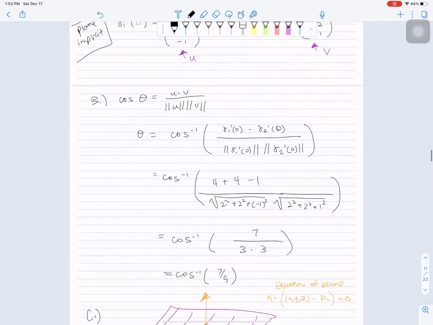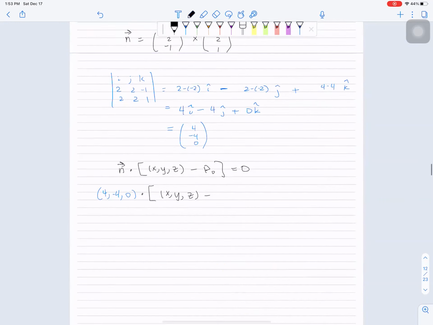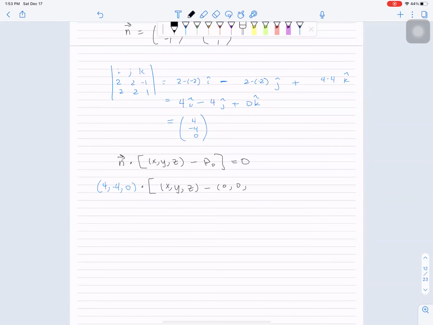So let's plug in the origin for my point, 0, 0, 0. That means I have 4, negative 4, 0 dot with x minus 0, which is x, y minus 0, which is y, z minus 0, which is z. So I have 4x minus 4y plus 0z equals 0. This is the equation of my plane.